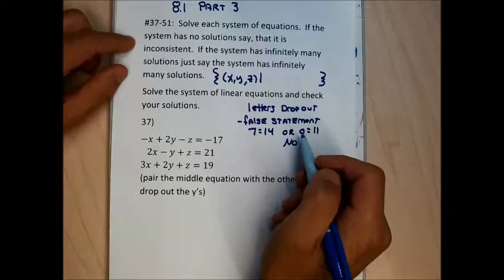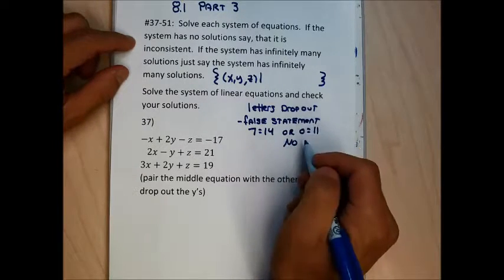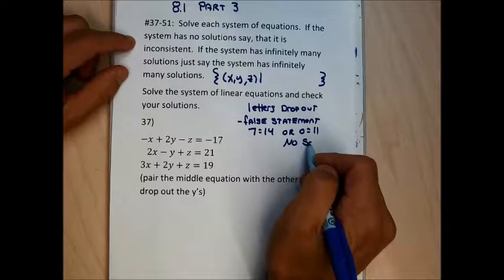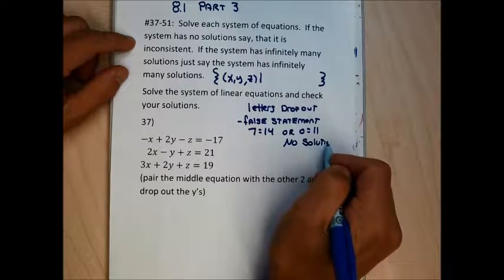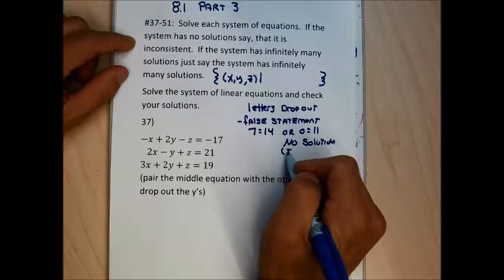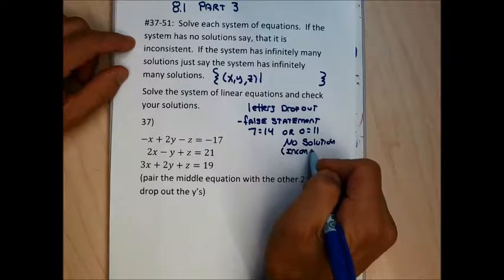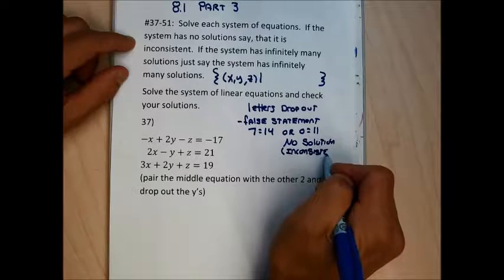So when it says up here, if the system has no solution, just say it is inconsistent. We can say no solution or inconsistent if all the letters drop out and a false statement is staring at us.